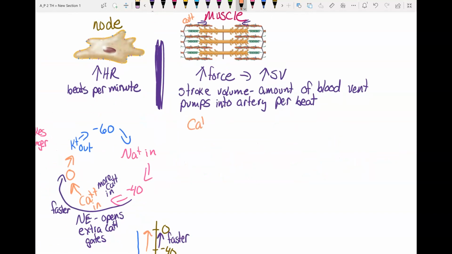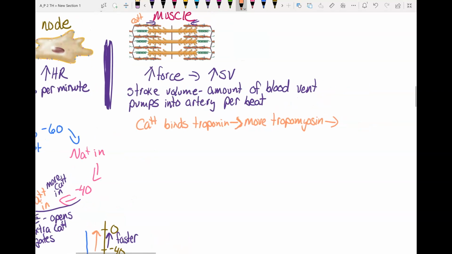So remember, calcium binds troponin to move tropomyosin, so that you can form a cross bridge.